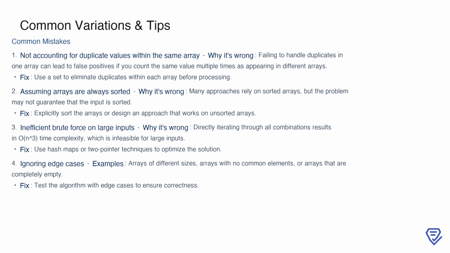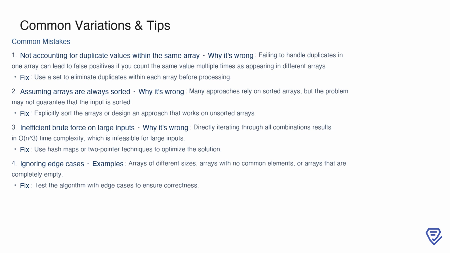Inefficient brute force approaches are another challenge. Directly iterating through all combinations can lead to a time complexity of n cubed, which is impractical for larger inputs. Instead, using hash maps or two-pointer techniques can significantly optimize your solution. Finally, don't overlook edge cases.